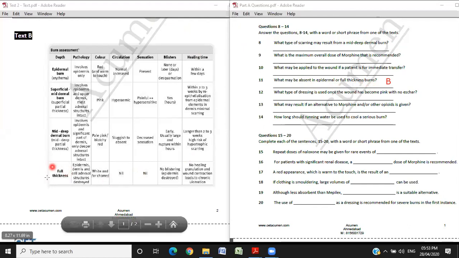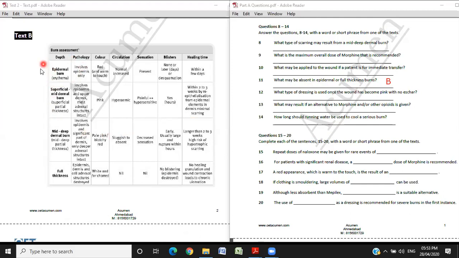So I will read full thickness burns and see what may be absent. Here two things are given, but the question is asking what may be absent in epidermal or full thickness. So I have to check both. Here it says nil, but here it says normal or increased. Here it says nil, but here it says present.